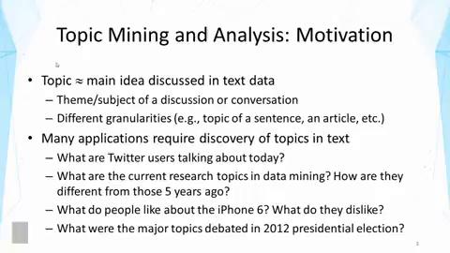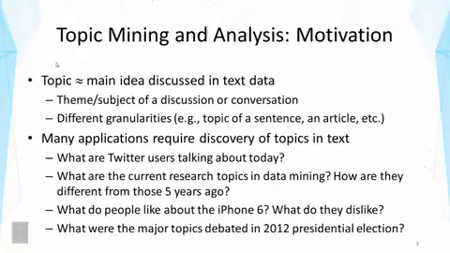We might be also interested in knowing what do people like about some product like iPhone 6 and what do they dislike, and this involves discovering topics in positive opinions about iPhone 6 and also negative reviews about it. Or perhaps we're interested in knowing what are the major topics debated in 2012 presidential election.